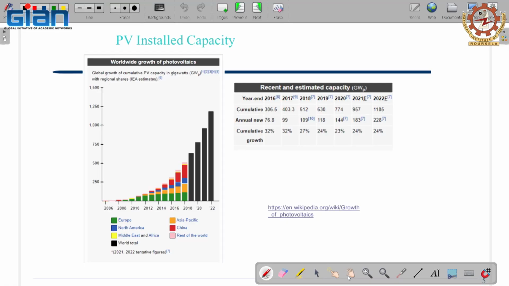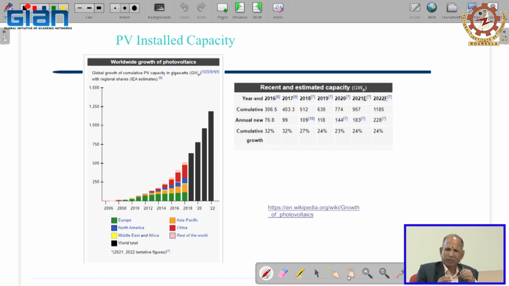This slide is a little bit old. In the first part, I showed you that by the end of 2023 we already have more than 1600 gigawatts of installed capacity worldwide from photovoltaic systems.